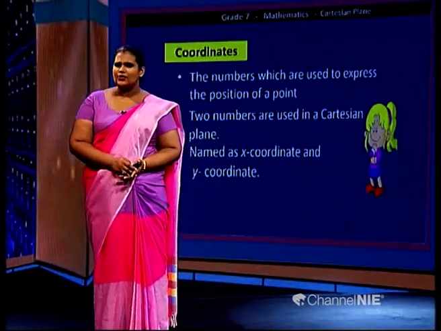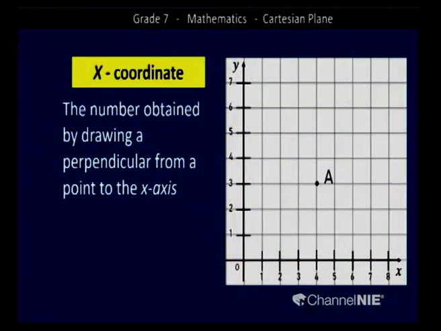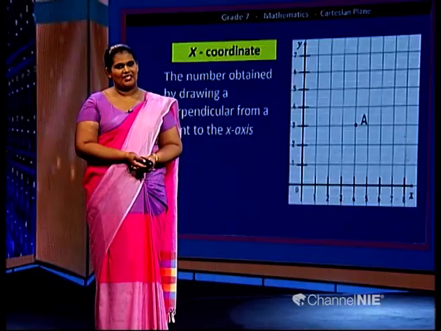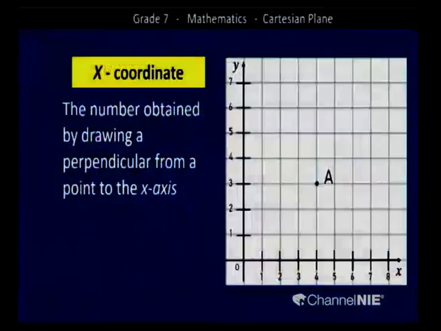So, what are these x coordinate and y coordinate? Now, we will see what an x coordinate is. X coordinate is the perpendicular drawn from a given point to the x axis. Then you can get a value, that is the x coordinate of that point. So, here I have marked point A on the Cartesian plane.